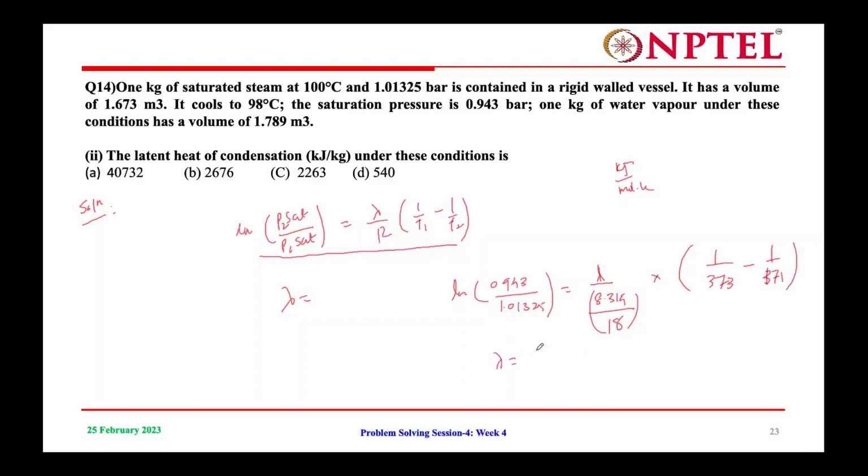Now calculate. 96.3 kilojoule per kg. Option C, sir. Right.